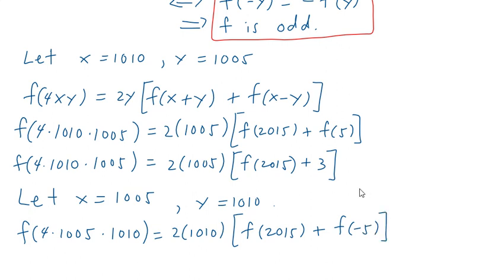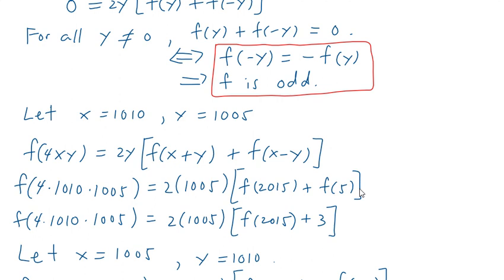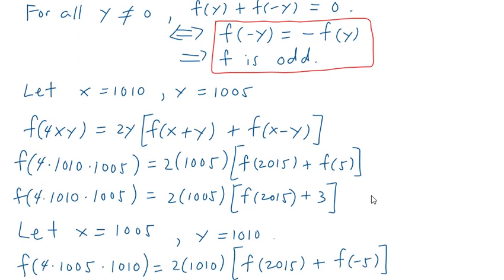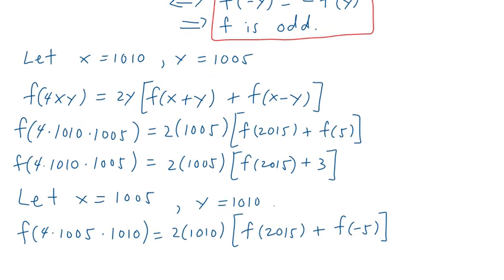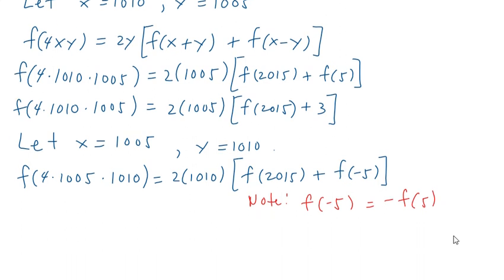Now, recall that f is odd. So, f(-5) is equal to the negative of f(5) since f is odd. Alright, so we can replace f(-5) by the negative of f(5).